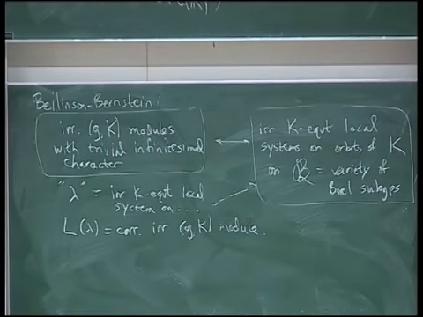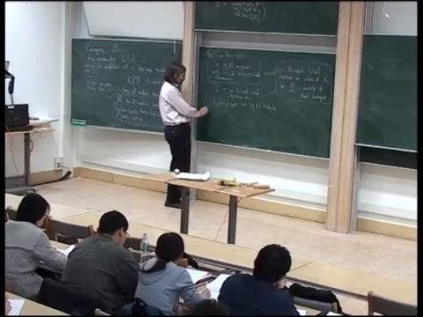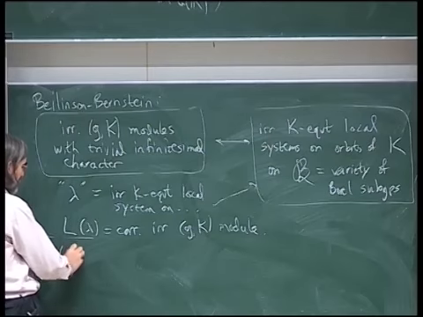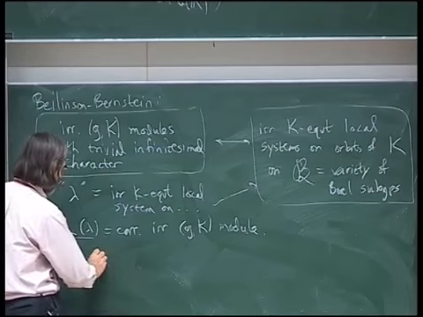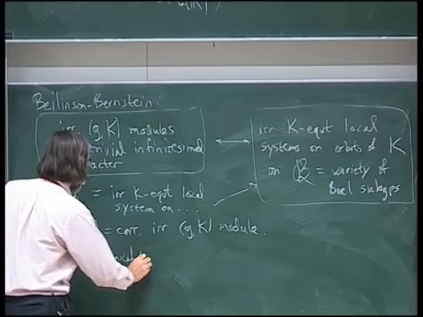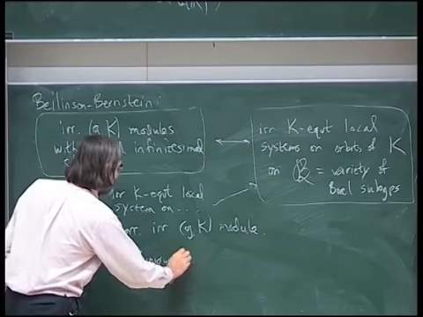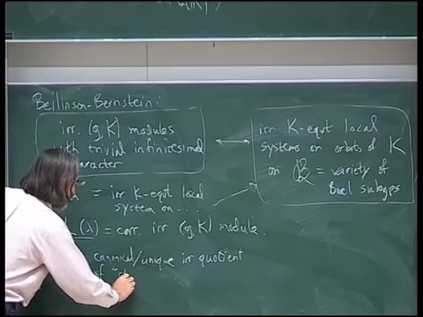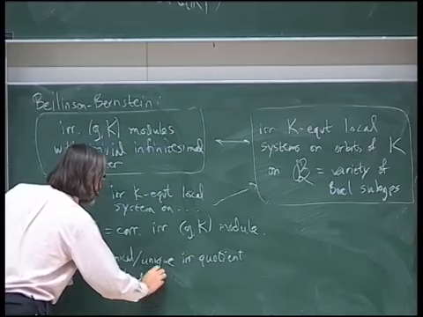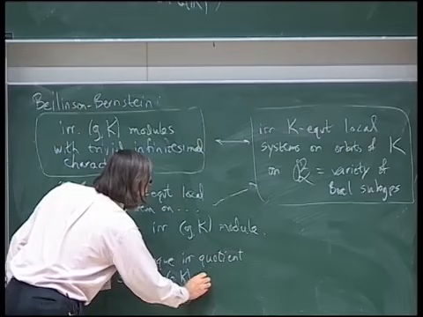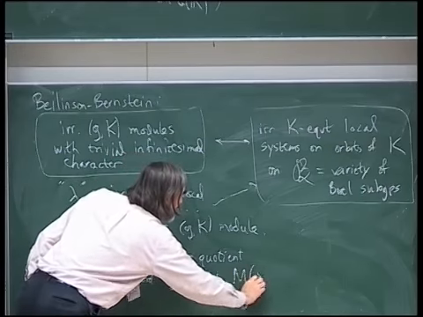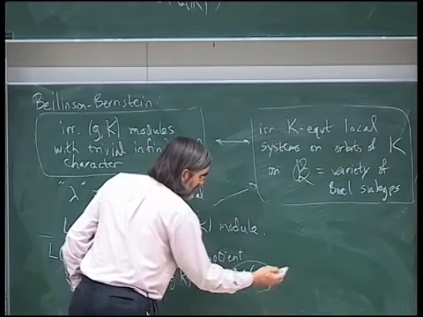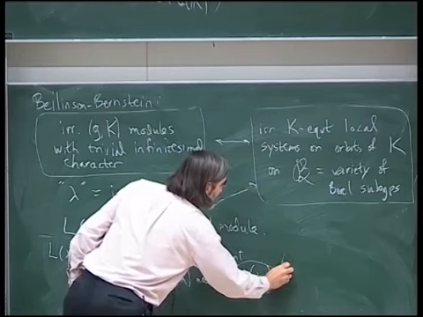And then all of these statements have analogs. So what happens is that L of lambda is the canonical, unique irreducible quotient of what's called a standard GK module, M of lambda, and these things are less complicated.